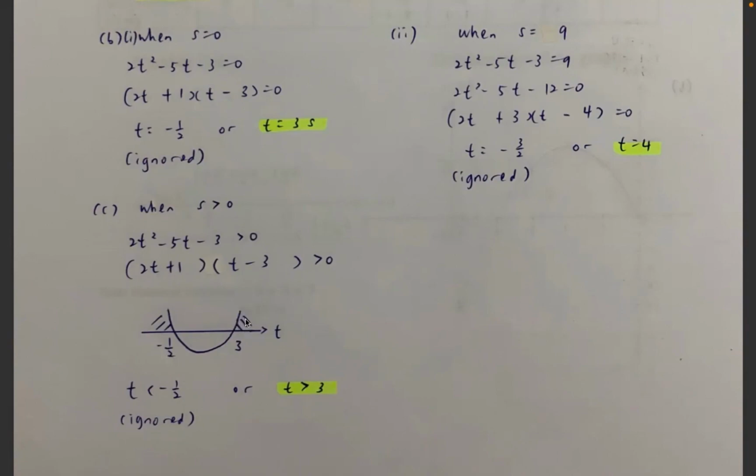So we choose these two regions. We have two answers for t, and again, t can only be 0 or positive, so we only accept t greater than 3 and ignore t less than -12.